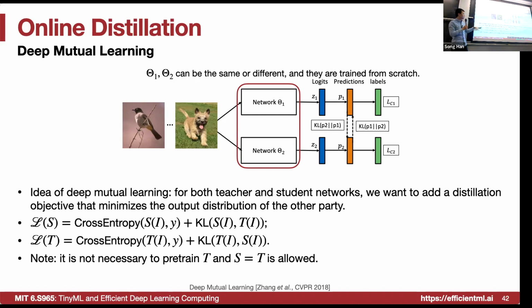So for both students, they have this cross entropy loss with respect to the ground truth, plus minimizing the KL divergence between the student model's prediction and the other model's prediction given the same inputs. So they are trained from scratch, they learn from each other, and they also learn from the ground truth. So this is online distillation, the mutual learning. They are learning from each other.